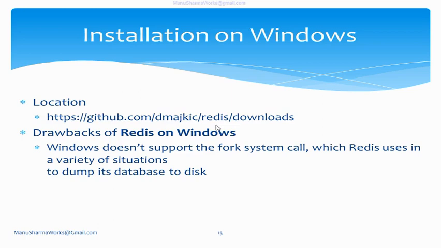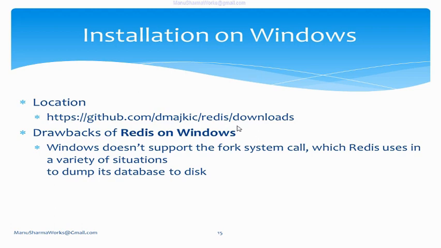For installation on Windows, you can use this URL. There is a zip file. Once you download the zip file, it will have 2 folders, 32-bit and 64-bit. If your machine is 64-bit, then use the 64-bit folder.